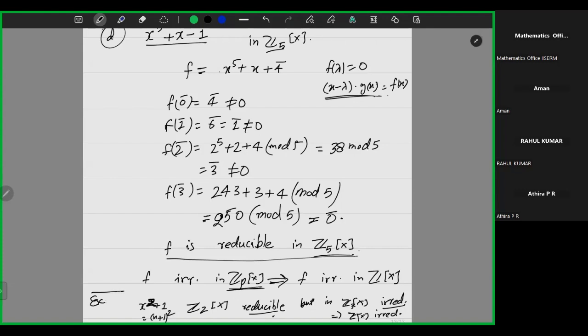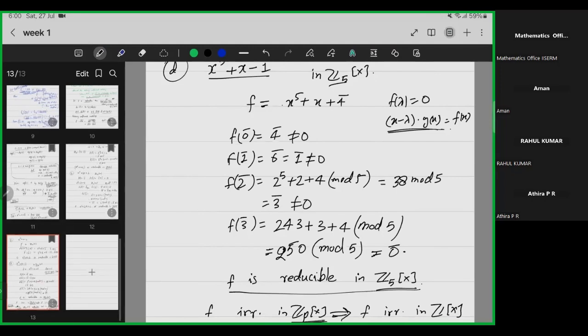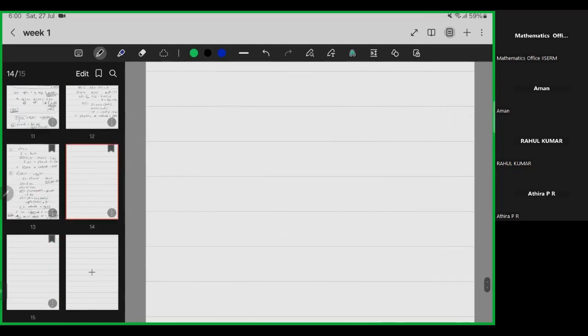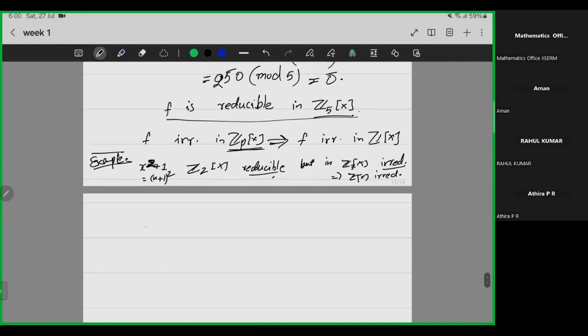So we are still not sure if it is irreducible or not, but you can check from somewhere that it can be factored. x^5 + x - 1 is factored into (x^2 - x + 1) times (x^3 + x^2 - 1).